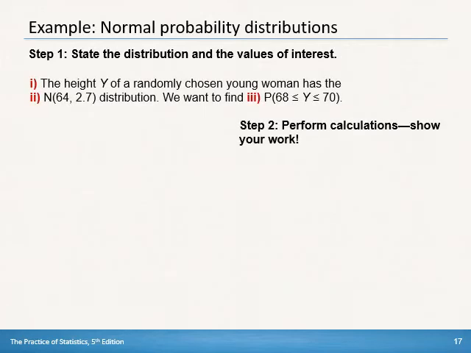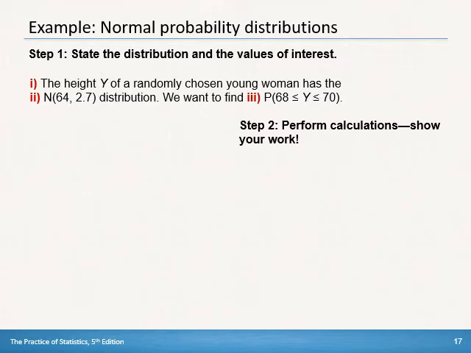So first, we want to define a random variable. So in this case, the height Y of a randomly chosen young woman. So Y is going to represent the height of that randomly chosen woman. And then we're going to say that the distribution of all the heights of all the women is normally distributed with a mean of 64 and a standard deviation of 2.7.